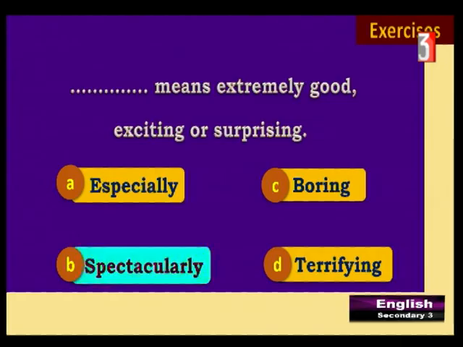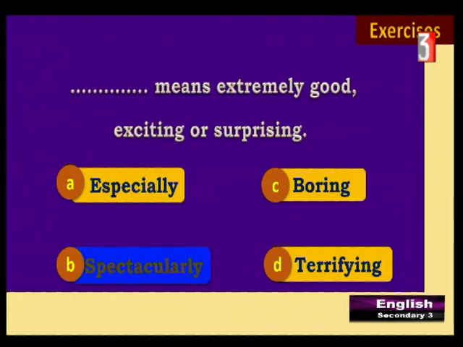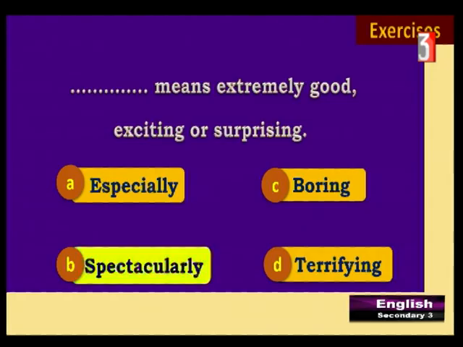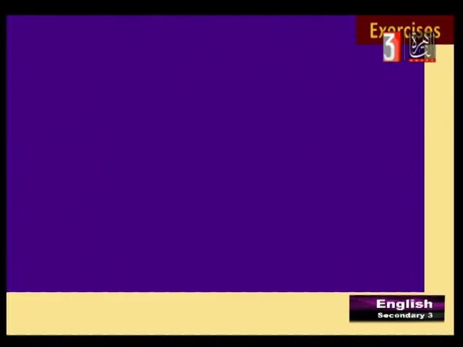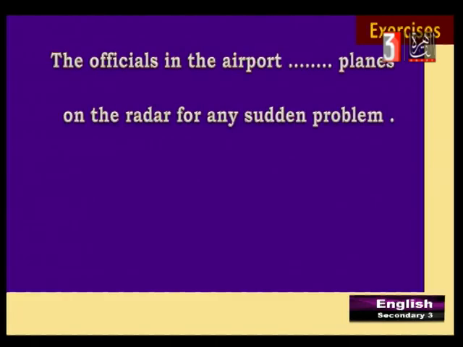Okay, let's move to a new sentence to check that you got the vocab and the meanings well. The officials in the airport space planes on the radar for any sudden problem. What do you think the officials do in the airport? What are they doing? Okay, let's check.